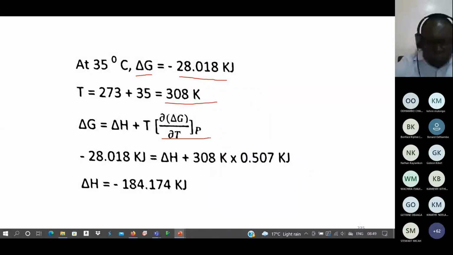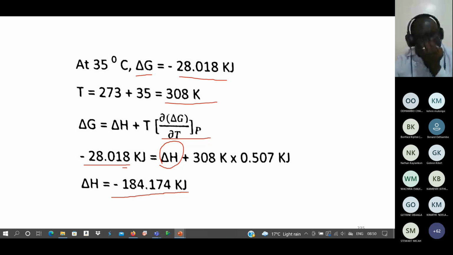If you put in the values in that expression, you remain with delta H, which you can make the subject of that expression and find its value. You can confirm that the value would be minus 184.174 kilojoules.